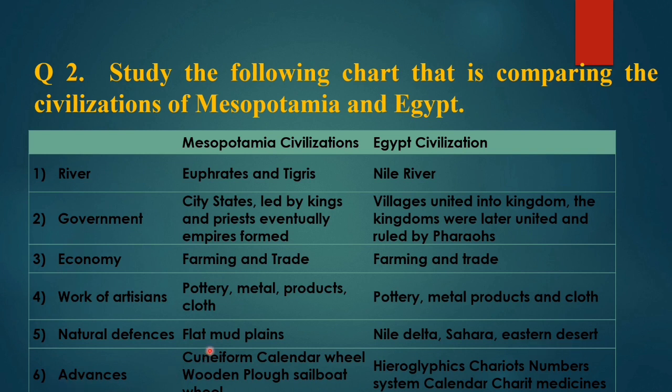Advantages, civilization, cuneiform, calendar, wheel, wooden plough, sailboat and wheel. Hierarchical chariots, number system, calendar and chariot medicines. This was the main difference between Mesopotamian civilization and Egyptian civilization.